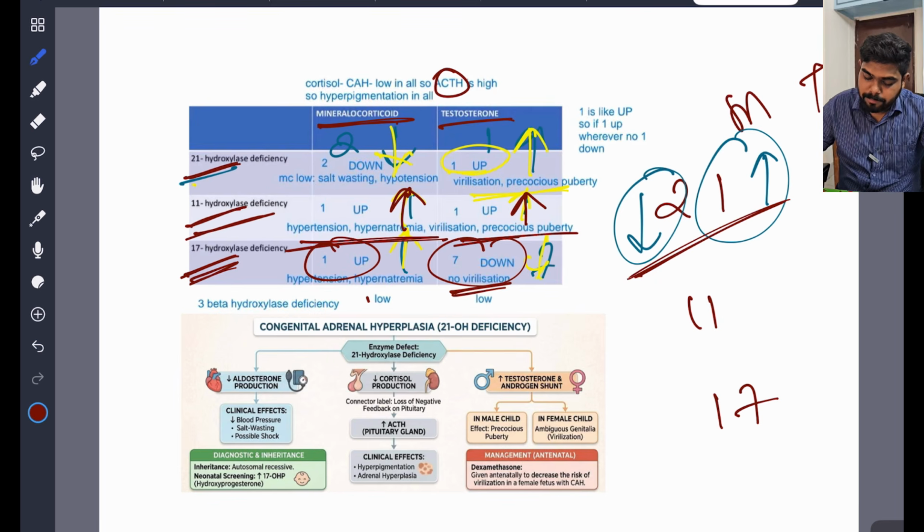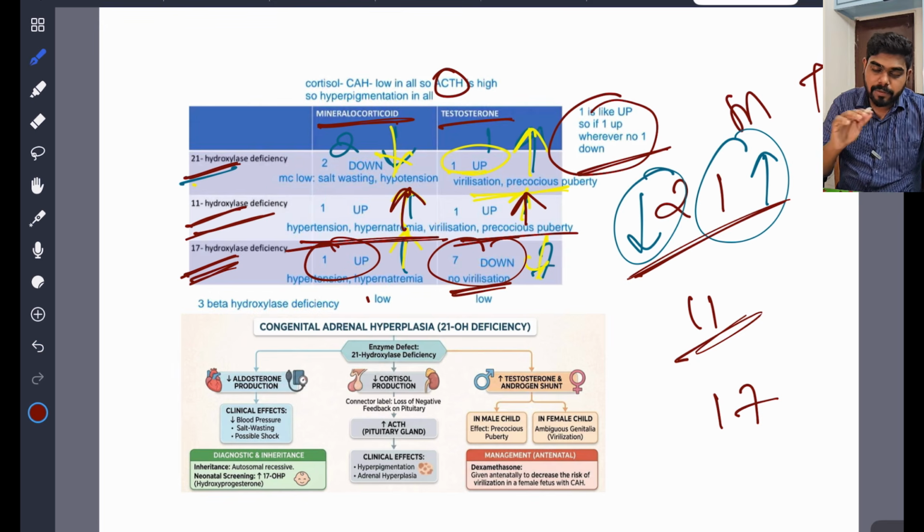So this simple concept: wherever number one is there, it is up; wherever there is anything other than one, it is down. Clear? Now you see here, enzyme defect, we have 21 hydroxylase deficiency. In 21 hydroxylase deficiency, aldosterone is down, so aldosterone production is decreased.